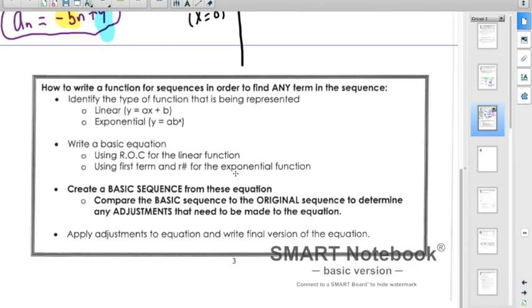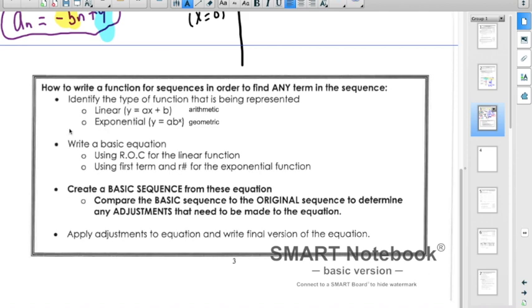And here is just some steps on how to actually find or write a function for sequences. Identify the type of function. If it's linear, you're going to have an arithmetic sequence. And if it's exponential, you're going to have a geometric sequence.